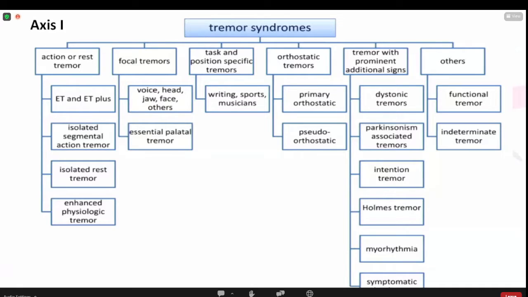I cannot go deeply into every tremor syndrome. The second one might be focal tremor. The third one is task-specific tremor. The next one might be orthostatic tremor. And you have to look for tremor with prominent additional signs or other.